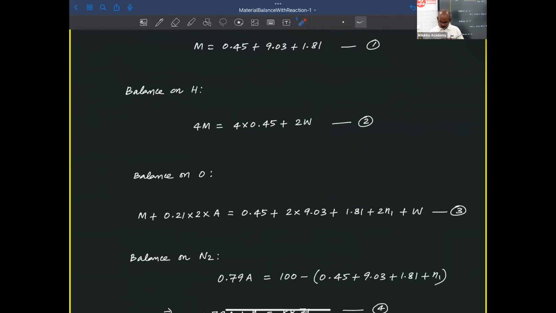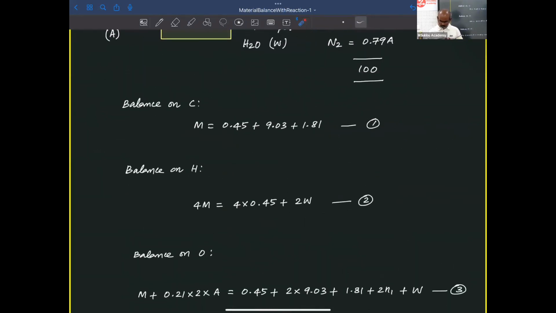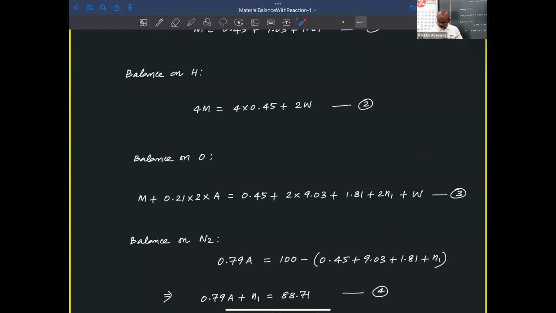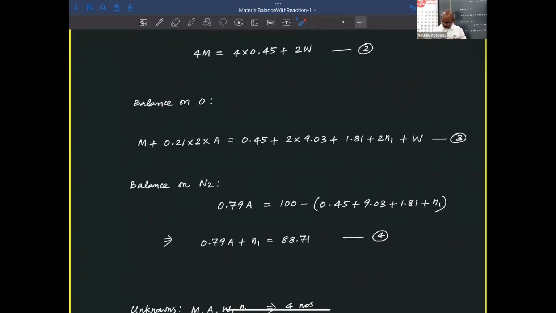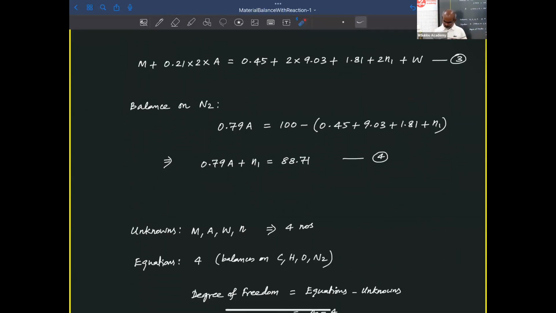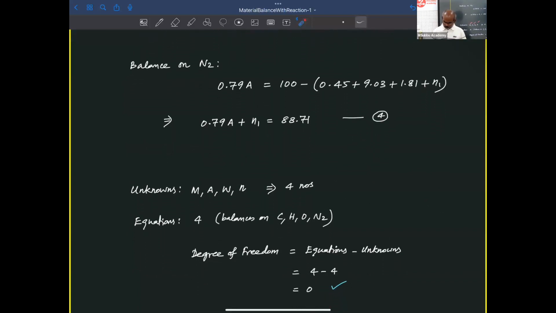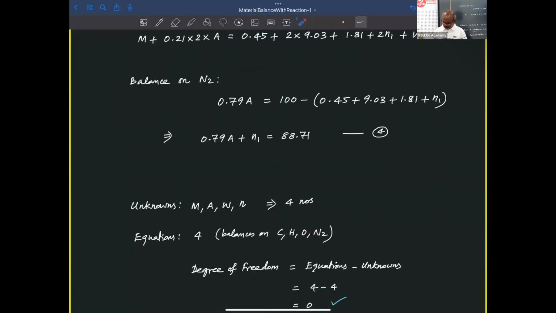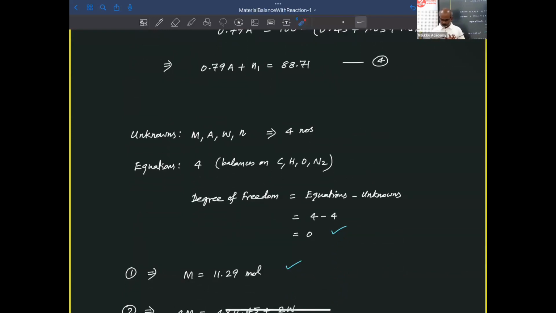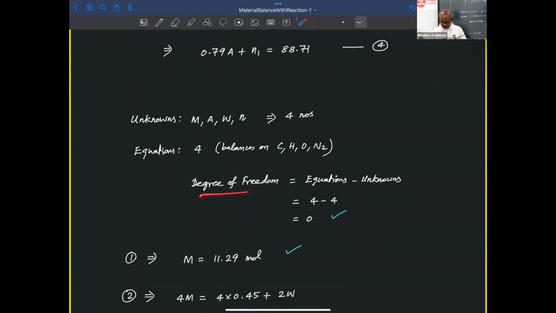Let us see now the equations: balance on C, balance on H, balance on O, and balance on N2. We have 4 unknowns, and of course 4 balances are available. In terms of solvability of a problem, this is what we call degree of freedom analysis. The number of equations is 4 and the number of unknowns is 4, so you should have equations and unknowns matching.